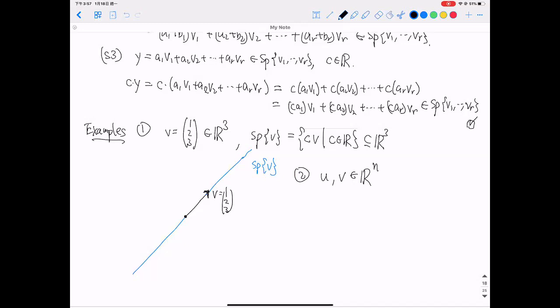The previous discussion does not need anything specific about R3; you just need a vector. Now suppose I have two vectors in Rn. I can consider the span of these two vectors. As the theorem says, this is also a subspace.